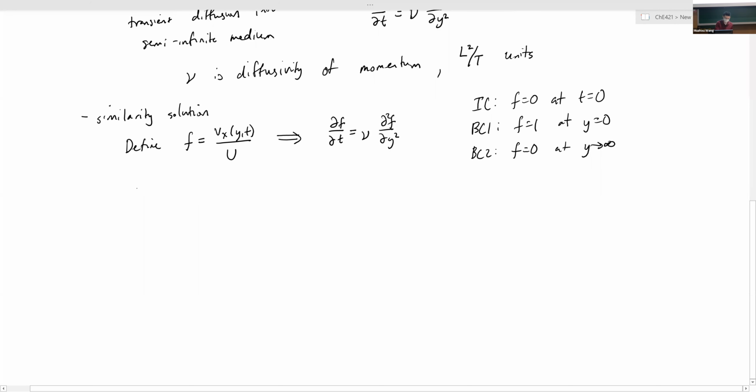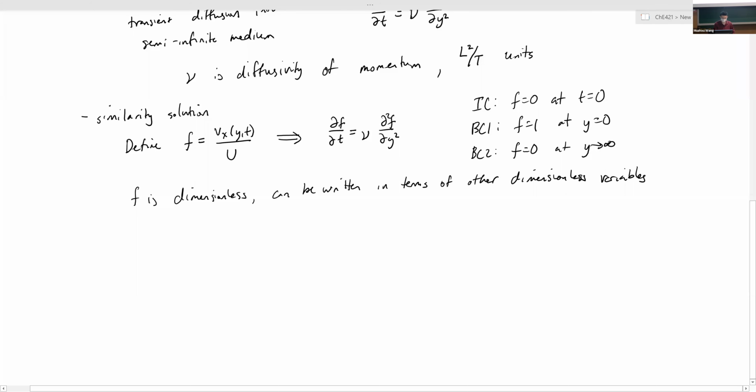Okay. So f is dimensionless, and so it can be written in terms of other dimensionless variables.